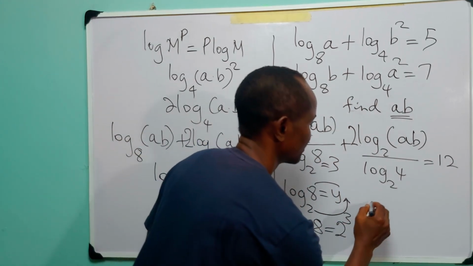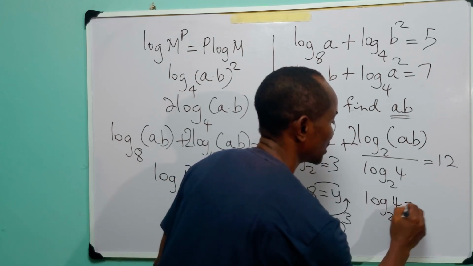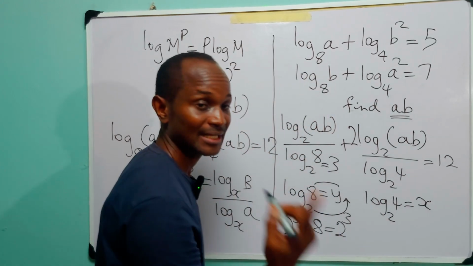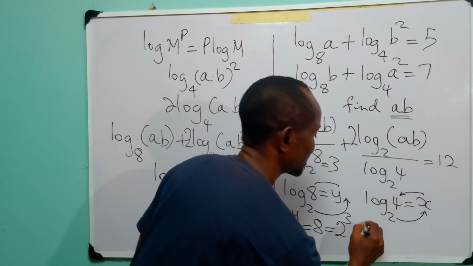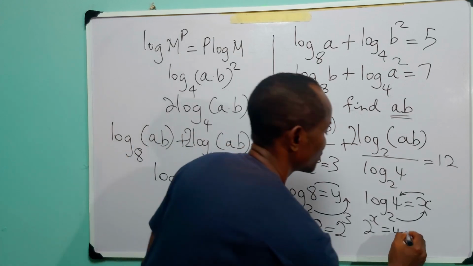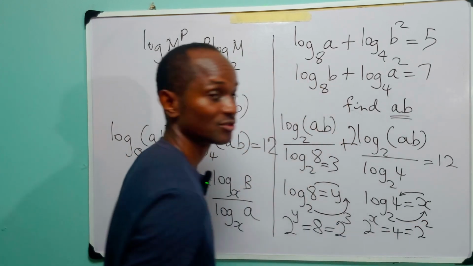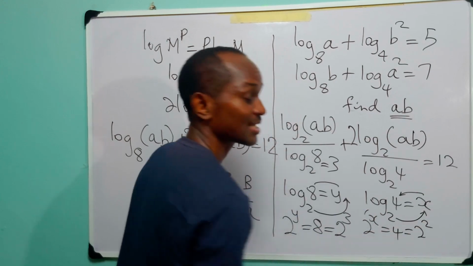In the same vein, if log to base 2 of 4 is equal to x, then we simply have that 2 raised to power x is equal to 4. And of course, we know that 4 is 2 raised to power 2. Since we have 2 here and we have 2 here, we know that x is equal to 2.